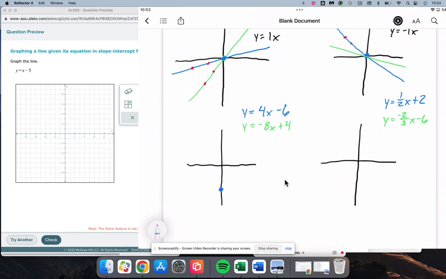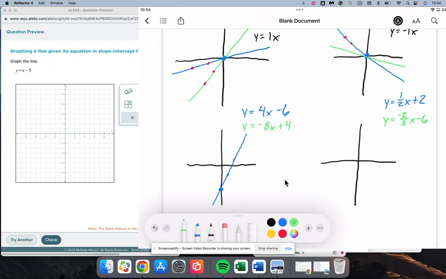And so we would go down 6, and that would be our first point. And then from there, we would go up 4 and to the right 1, and then up 4 and to the right 1, and so on until we were able to create a line like that. And so the only thing that's changing here, the only thing that we're adding, is a y-intercept that is not 0. It's telling us where on the y-axis to start constructing our line.